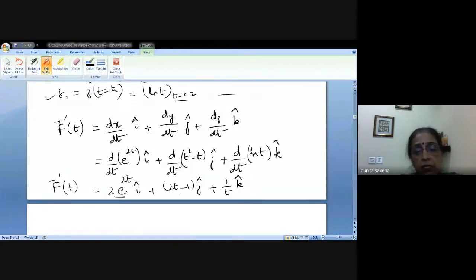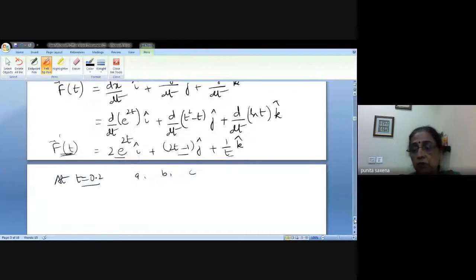These components of f dash t at t equal to 0.2, which is your t naught, are going to give you your a, b, and c. So basically, the value of a that I need to find is going to be nothing but 2 e to the power 2t when t is 0.2.